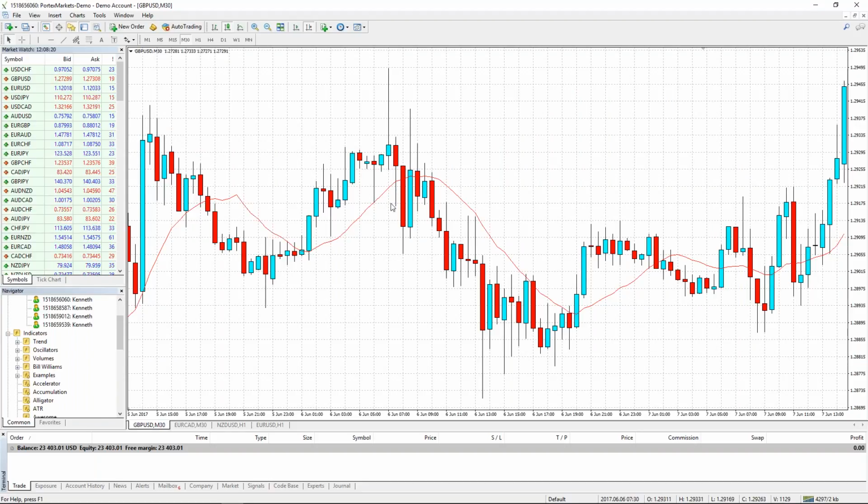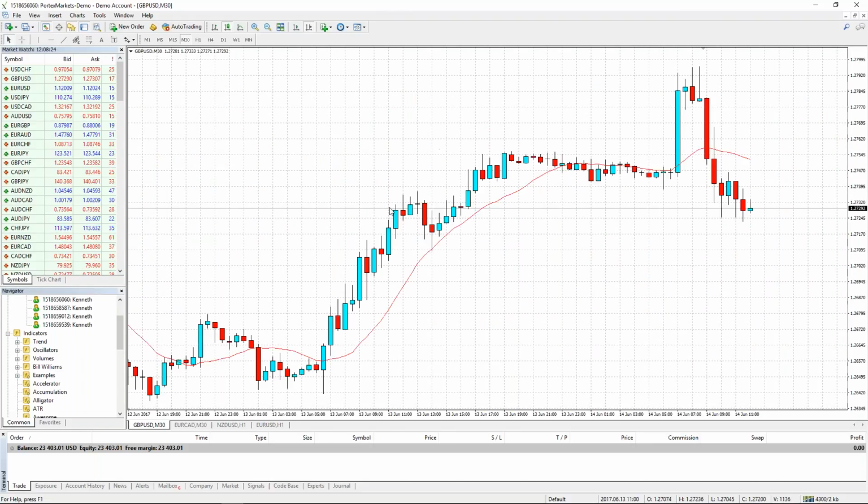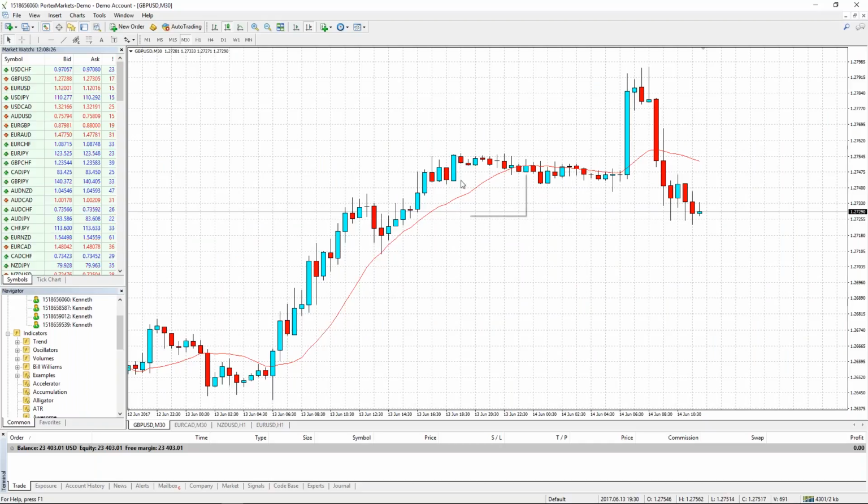As we can see from this chart in front of us, we've got a series of candlesticks. Just to mention to start with, when you change the time frame on your chart, each one of those candlesticks represents that time frame. So in this case, each of those candlesticks is 30 minutes from open to close.